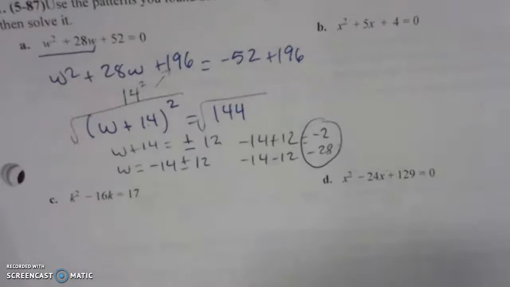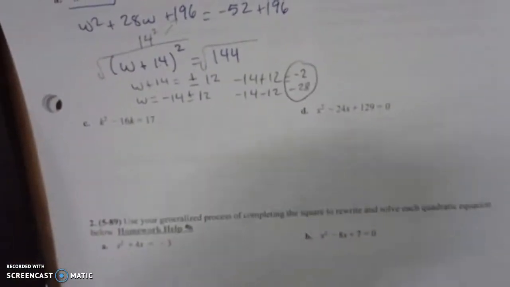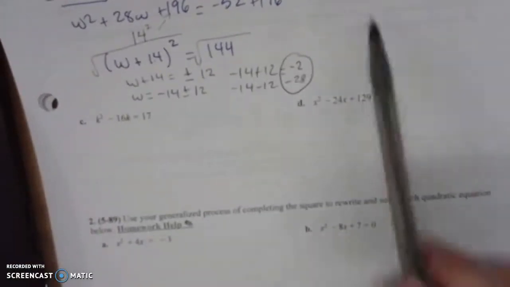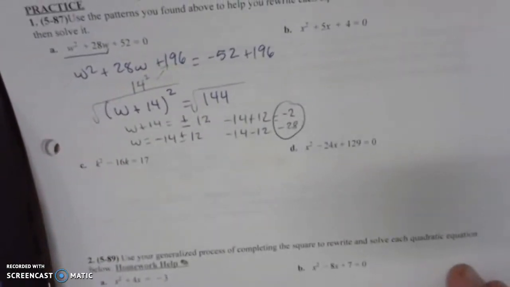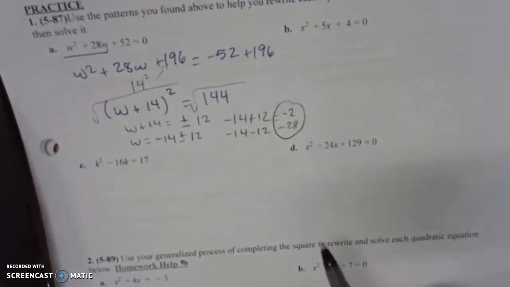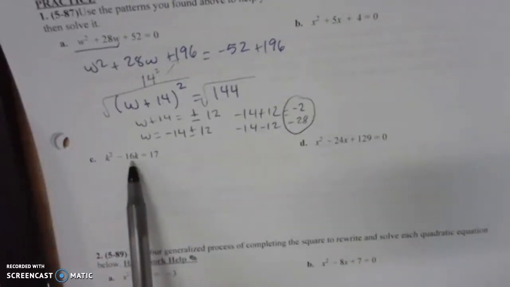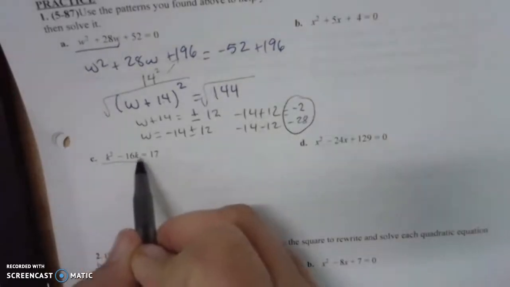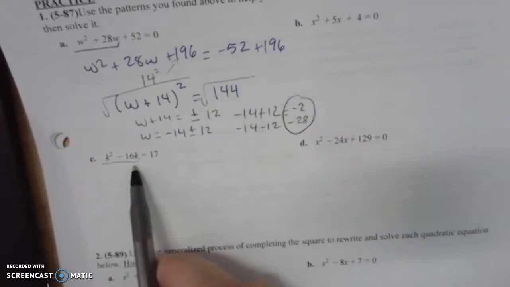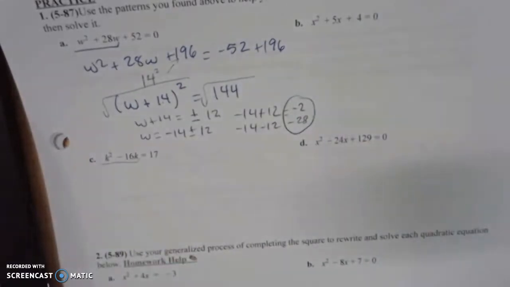And remember to hop in on Zoom and ask for help if you don't know how to do that, and I will do them on Zoom. The benefit of showing up to Zoom is that you get the one-on-one help, or the 8-on-1 or the 10-on-1, however many students. I will point out that this one, the 17, is already moved over. So when you're just focusing on the first 2 problems, think about what is half of this number squared to add to both sides.